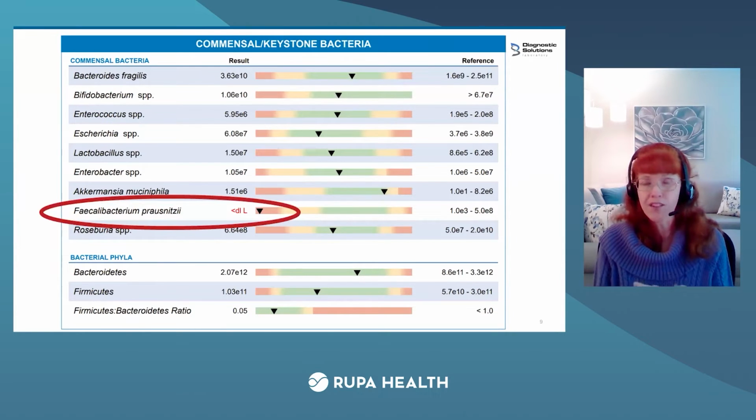Never gloss over this. For me, less than DL for this microbe is actually one of the worst things I can find on a report. It's that critical. This is one of the major anti-inflammatory microbes in the gut. It's the main butyrate producer in the gut. If this is low, you probably don't have good levels of the anti-inflammatory short-chain fatty acid butyrate. The colon cannot be healthy if there's low butyrate.